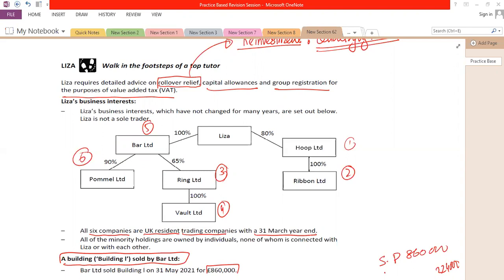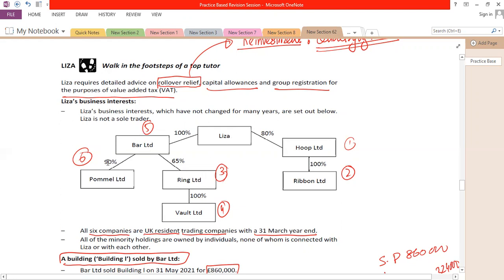In order to formulate a group, you must be a sole trader or a company, right? So here you can see Lisa is not able to formulate a VAT group with any one of the companies, right?